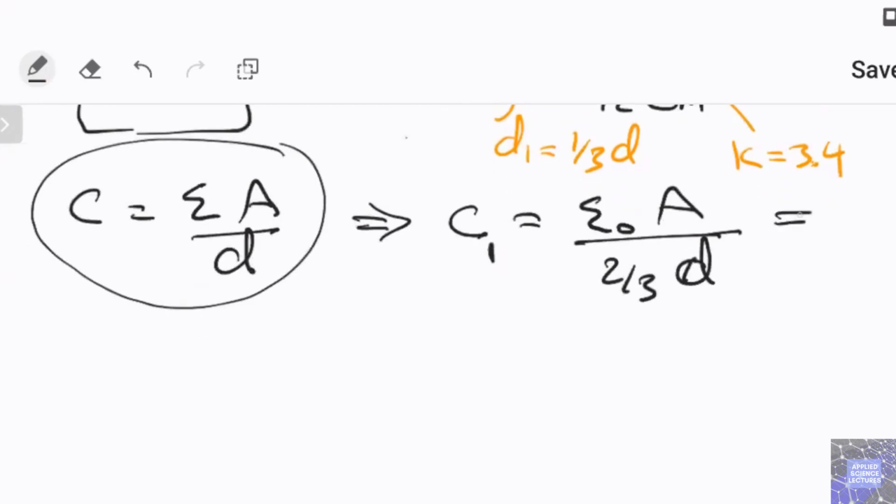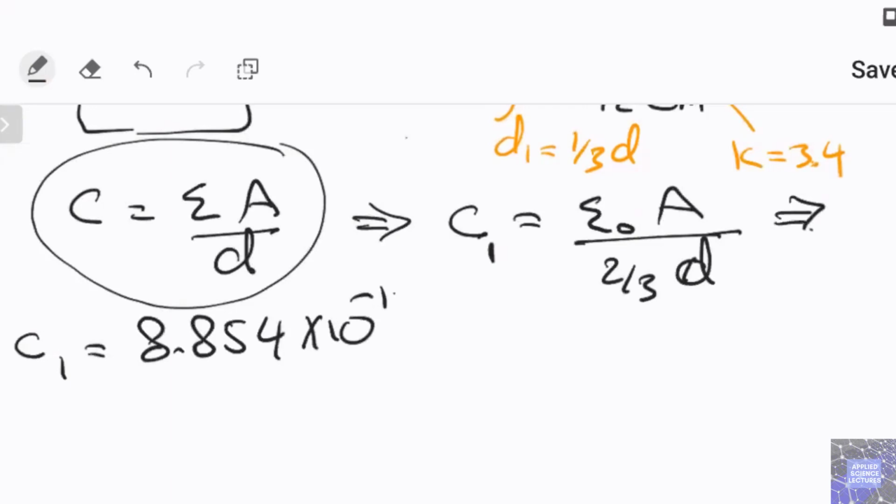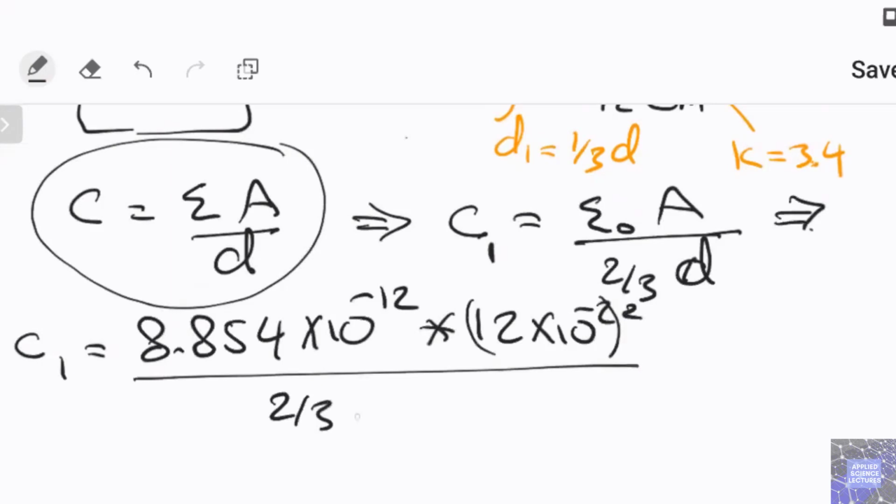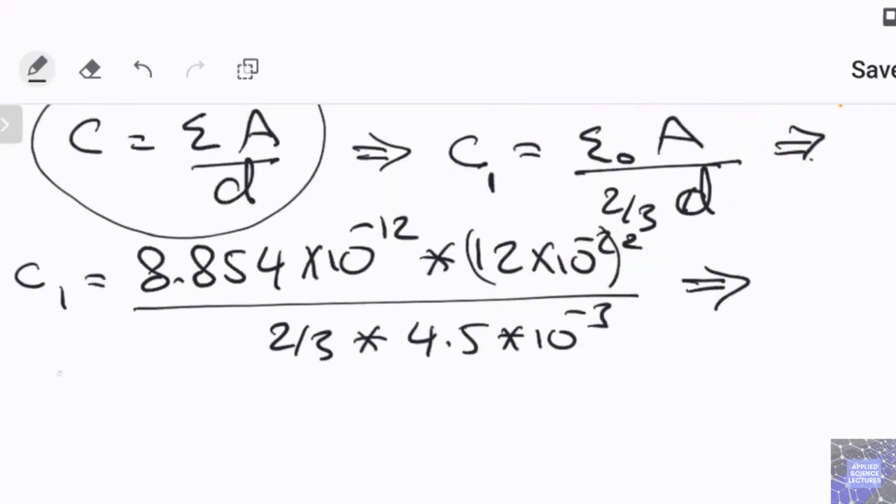So C1 equals 8.854 10 to the power minus 12 times 12 centimeter squared divided by 2/3 of 4.5 millimeter. C equals 42.5 picofarad.